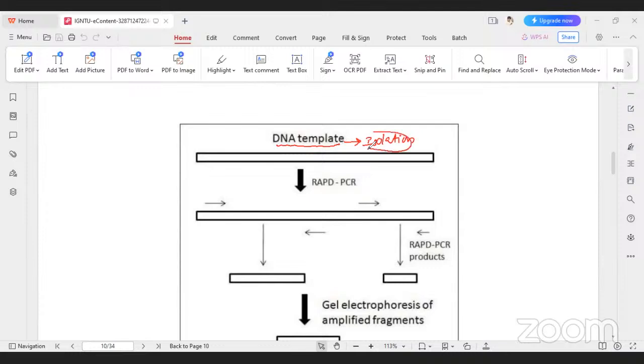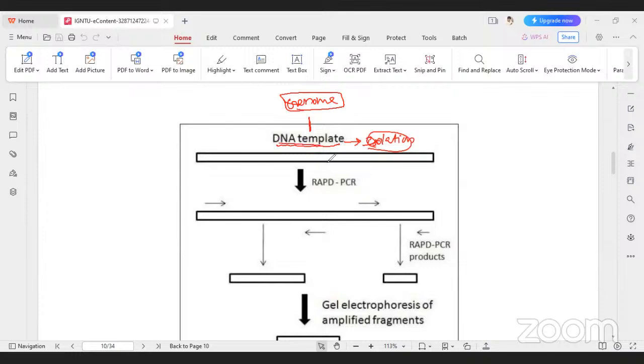After isolation, you separated the DNA, and the DNA acts as a template.